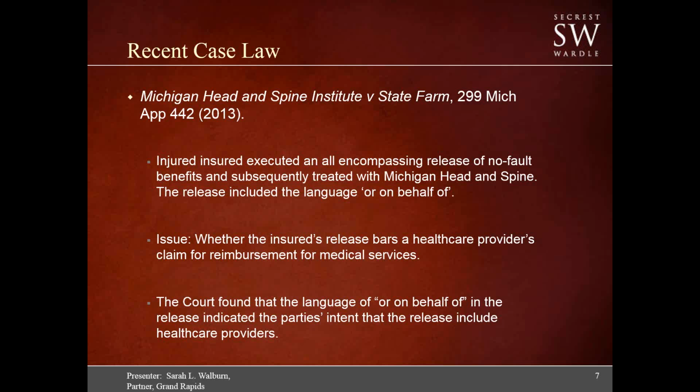So the use of the phrase "or on behalf of" in the release is indicative of the party's intent that the release include healthcare providers' claim for reimbursement.